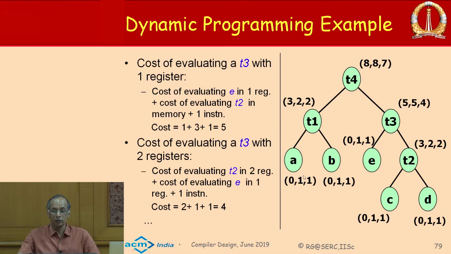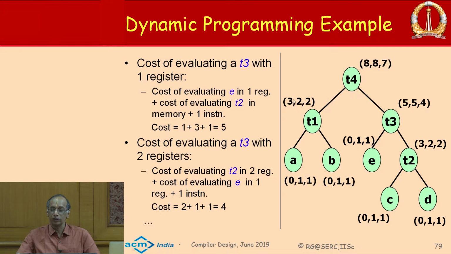For example, here you can see that using only memory is actually expensive in some cases. Sorry, the other way around, I should have said the following: using fewer registers may not necessarily be more expensive than using more registers, okay.